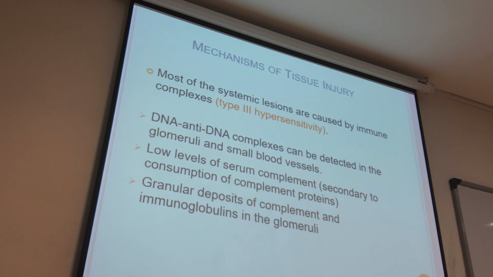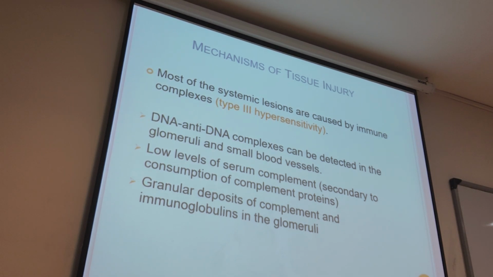And in type 3 we have activation of complement system. So we have reduced amount of complement factors in patients with lupus. And the symptoms of lupus are related to the deposition of immune complexes in different parts of the body.